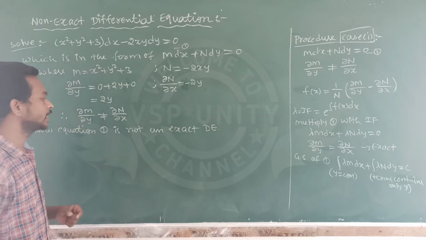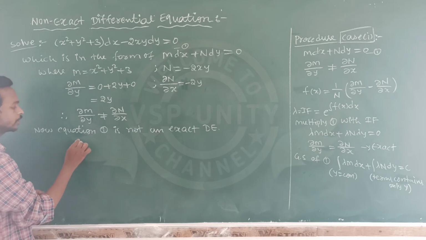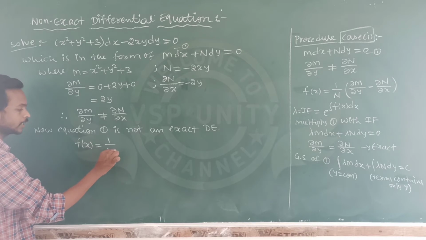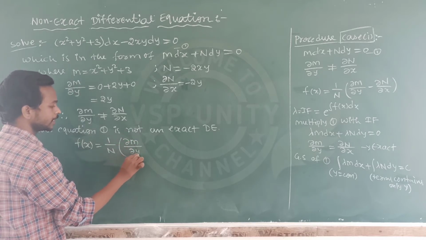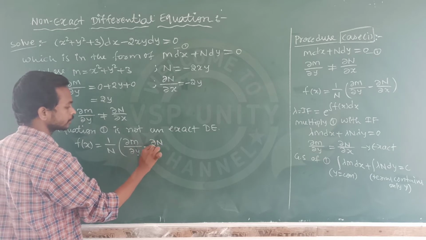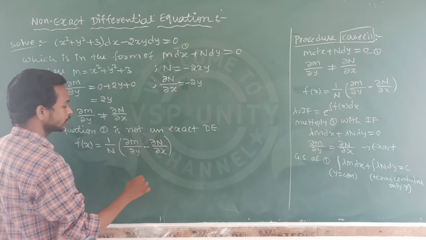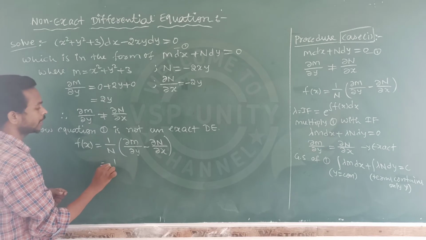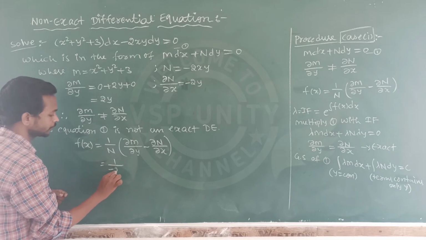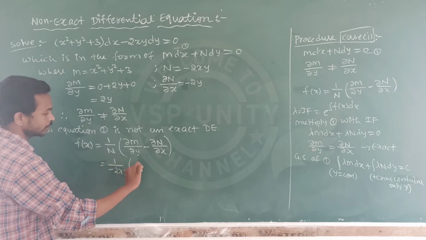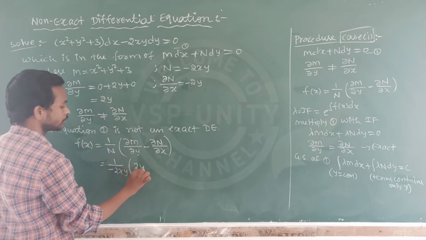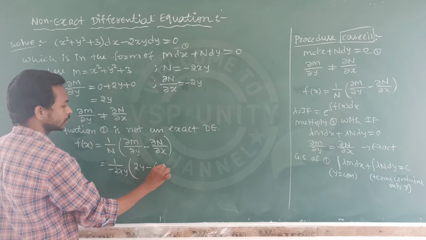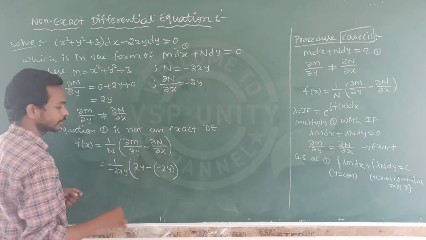Then we have to find the integrating factor. Before that, we have to find f of x. f of x is equal to 1 by N into (∂M/∂y minus ∂N/∂x). N is nothing but minus 2xy. ∂M/∂y is 2y, minus of ∂N/∂x is plus 2y.